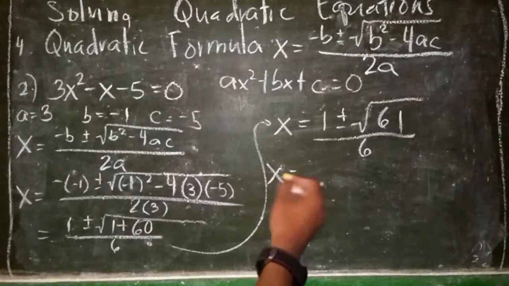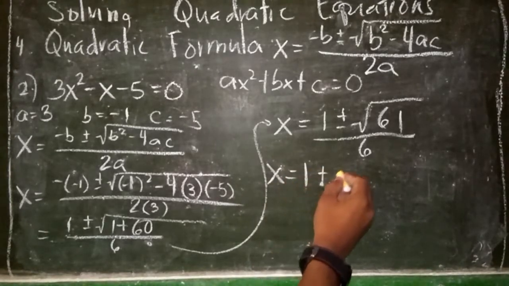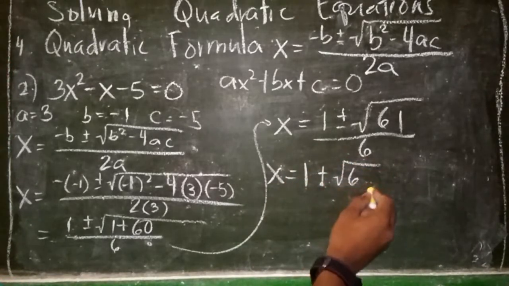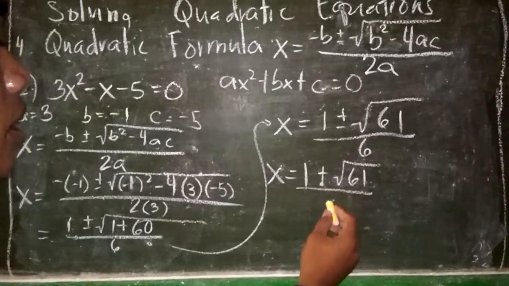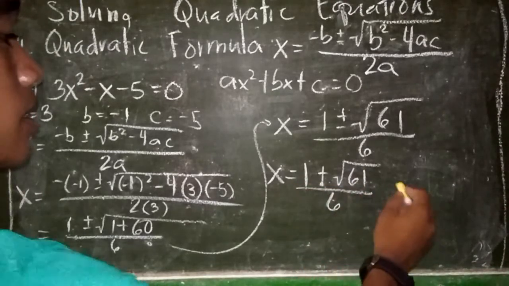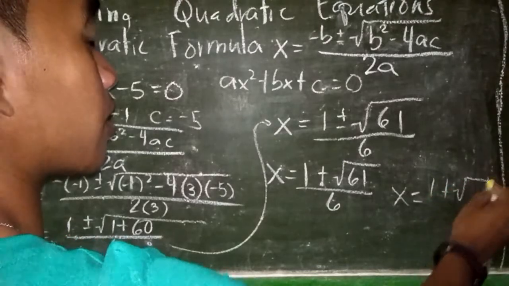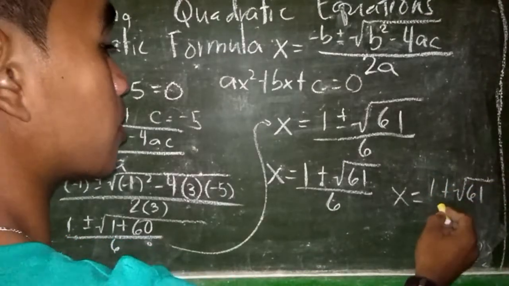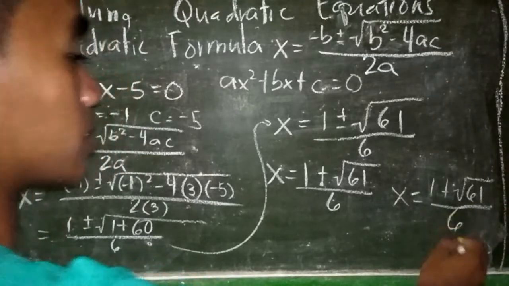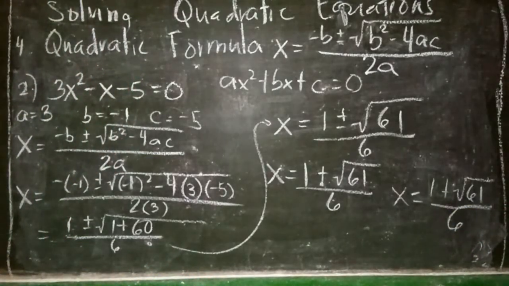Okay. So let's now simplify it further. We have x equals 1 plus square root of 61 over 6. Okay, so if you can notice, we didn't extract the square root of 61 since ang 61 ay hindi perfect square number.